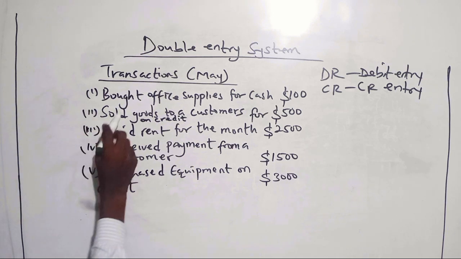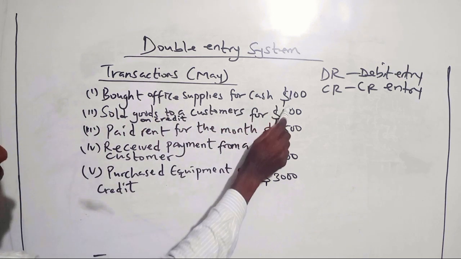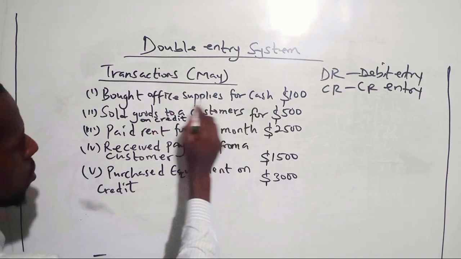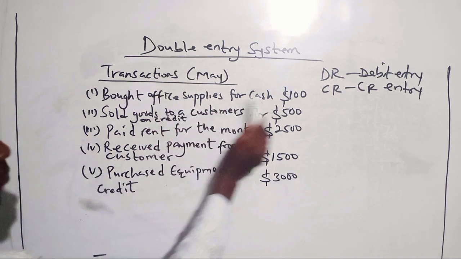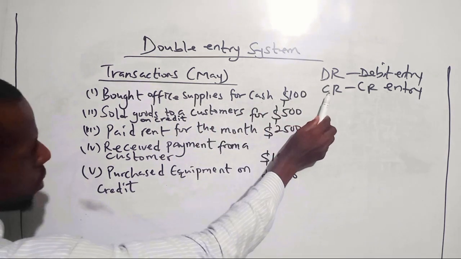For the first one, we bought office supplies for cash. So the two accounts involved here are the office supplies account and the cash account. Which one are we to debit, and which one are we to credit?